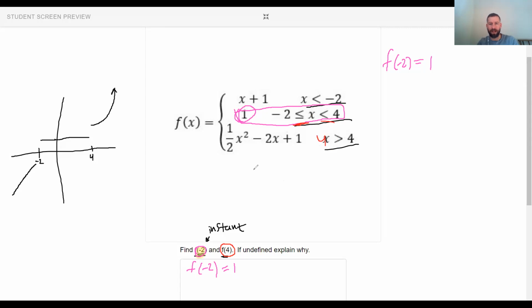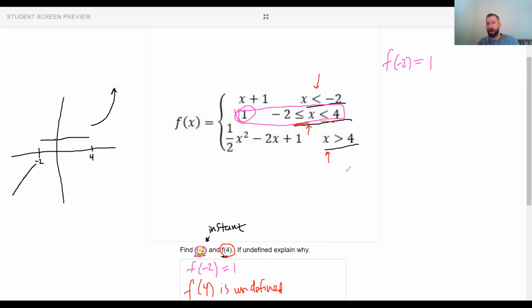So nowhere in there does it say less than or equal to 4. So there is nothing that I can actually plug 4 into. So f of 4 is undefined, and you can say that because 4 would not make any of these inequalities true.